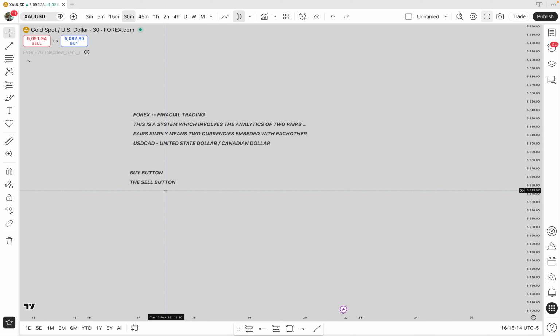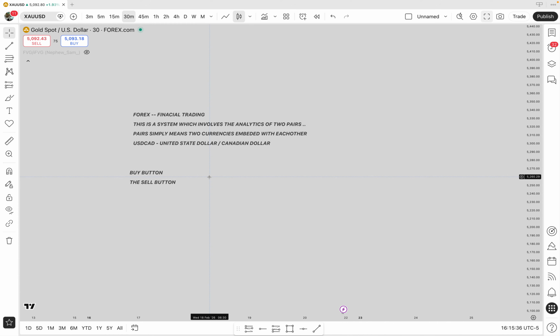Now, here's the deal. You have to be so skilled and technically good before you can even say you want to initially take a trade, either by placing the buy button or the sell button. Do you understand? But here are the basics, right? The basics of this Forex market simply tells us about how the market moves.